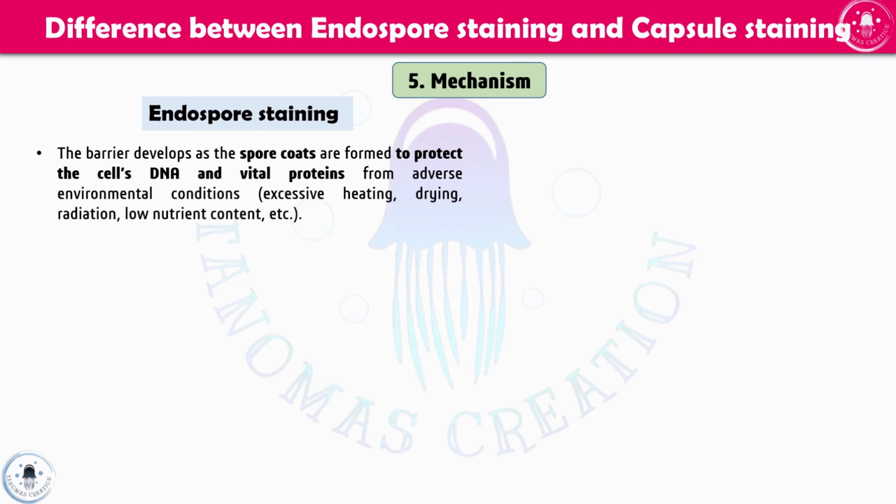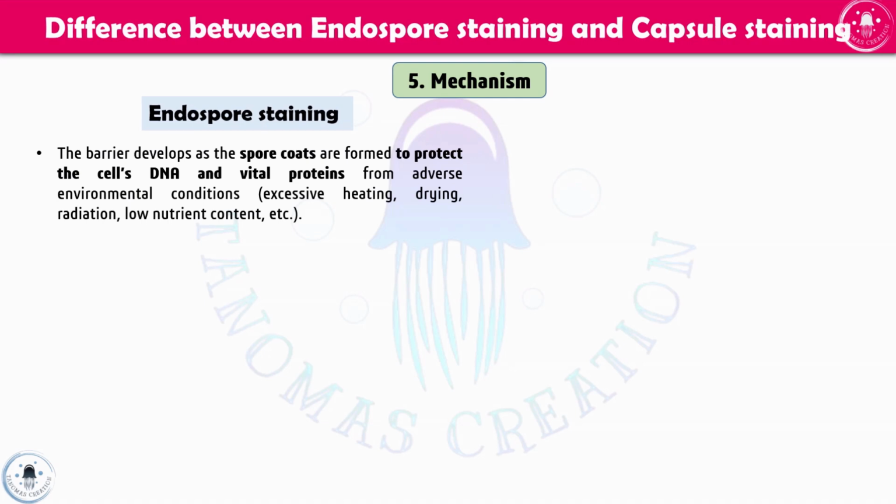Some of the bacteria develop spore coats, which are a very impermeable type of barrier. Why do they develop the spore coats? In order to protect the cell's DNA and the vital proteins during adverse environmental conditions, like excessive heating, drying, radiation, low nutrient content, etc. So these spore formations help the bacteria to remain viable for a long period of time even in adverse conditions.